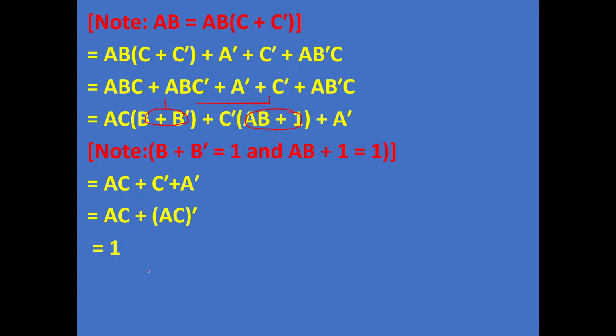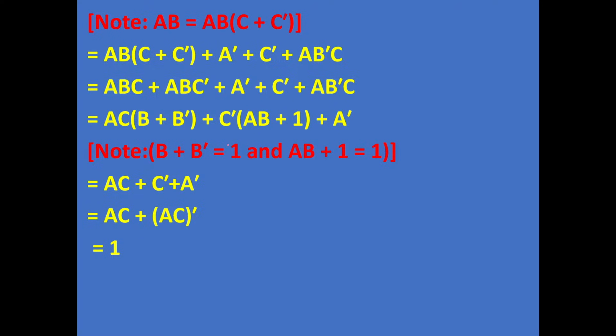So what will happen to our equation? AC is left over, C bar is left over, A bar is left over. So AC plus C bar plus A bar.